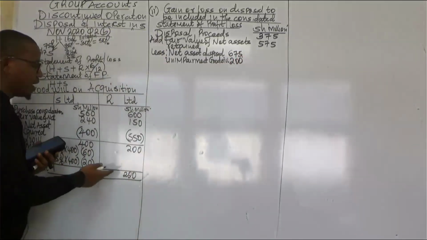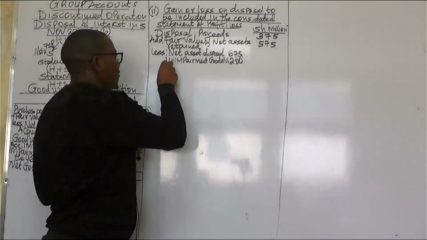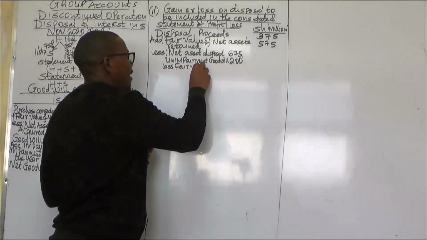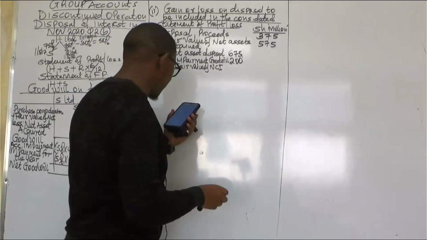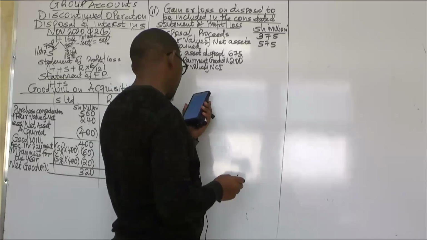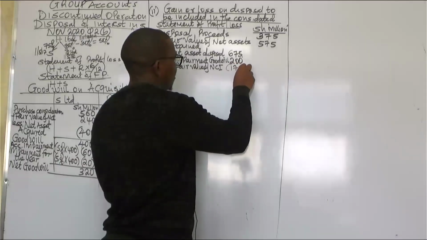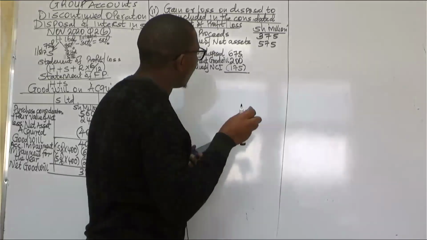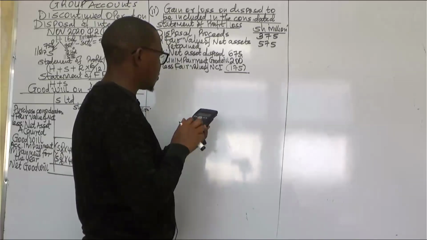So the unimpaired goodwill. And then, since there was a value of NCI, I will less their value of NCI as at the time of disposal, which was given at a current value of 175. So all this is what I less here to know whether it's a gain or loss on disposal.